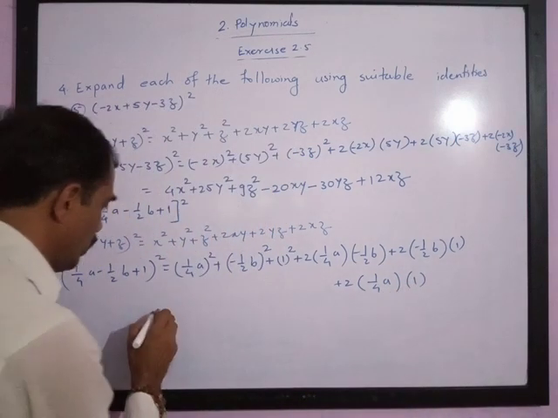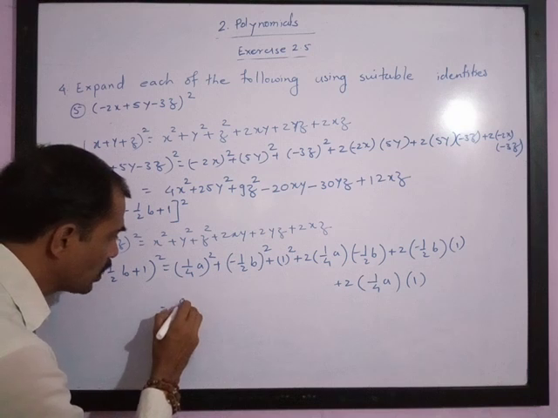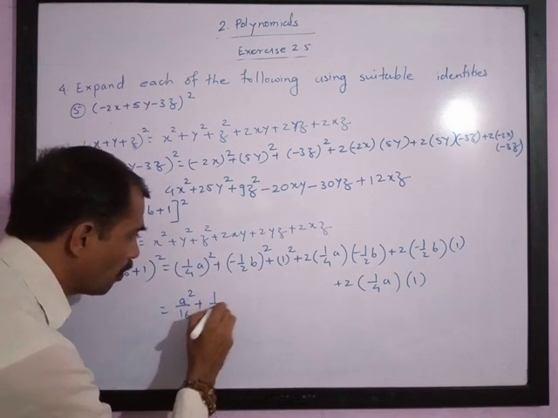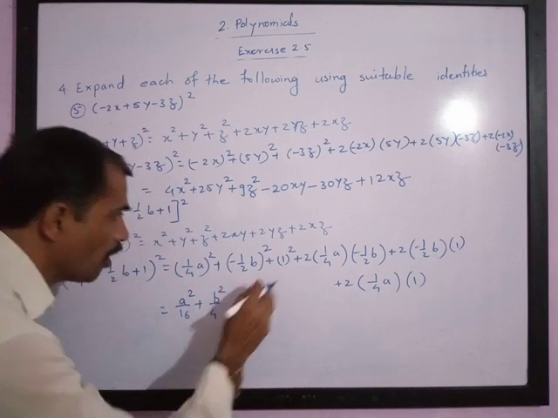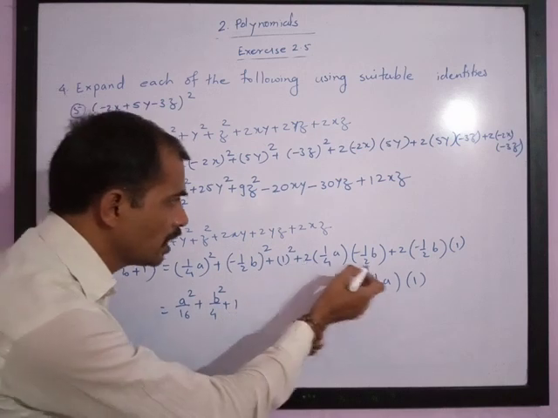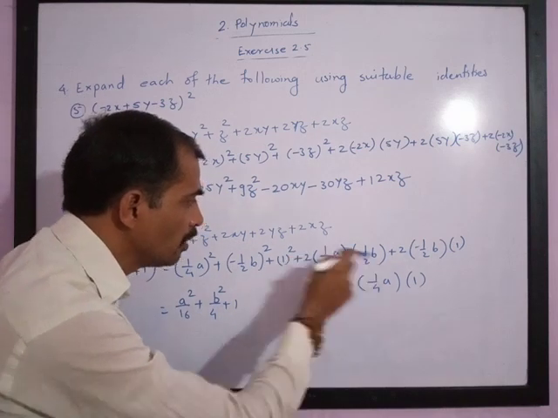So this is equal to 1 upon 4 square means it will be 1/(16a square). Understand this. This will be again plus 1/(4b square). This will be plus 1. This 2 cancels with this 2, or you can do the multiplication. You will get 2/8, means 1/4.